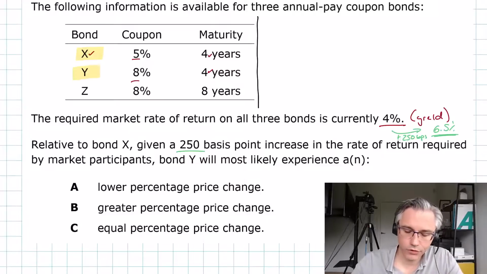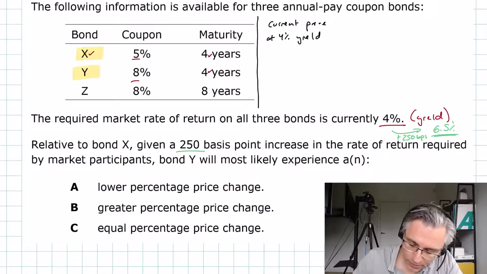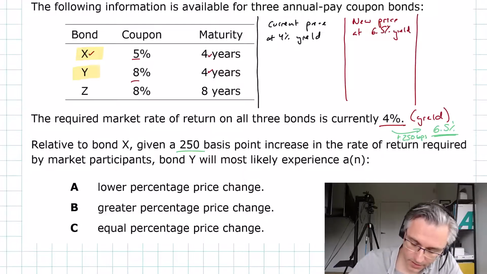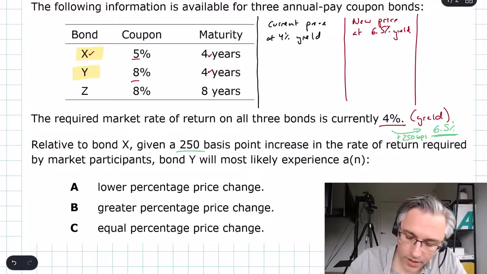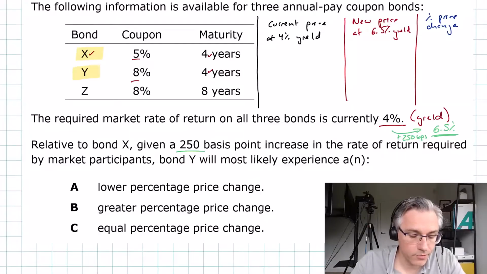One's going to be the current price of the bonds at 4% yield, and we're also going to have a column for the new price, assuming the yield goes up to 6.5%. And I'll do one more: we'll calculate the percentage price change, so how big that change in fact proves to be.